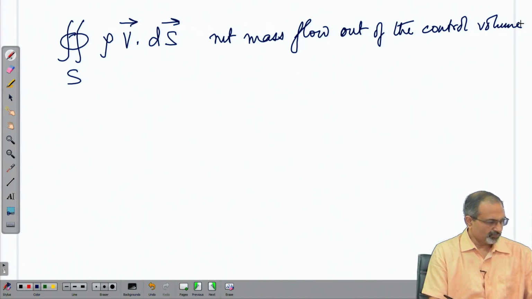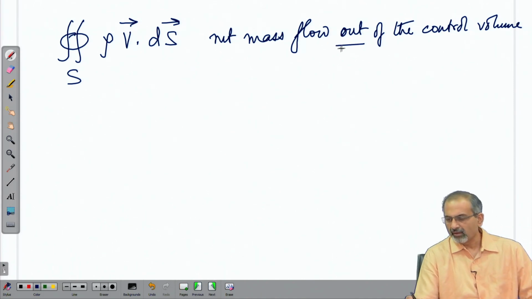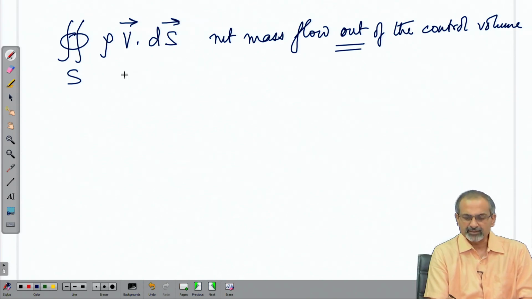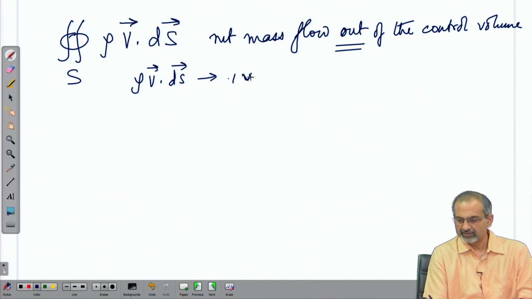Now, why do we say out? As we explained earlier, in certain parts of the control surface, this product rho v dot ds will turn out to be positive, and in certain others it will turn out to be negative.